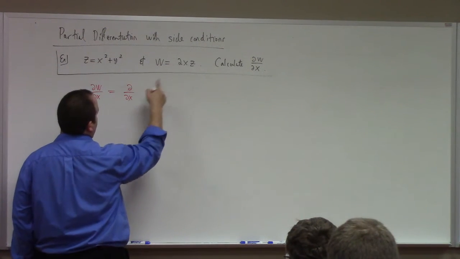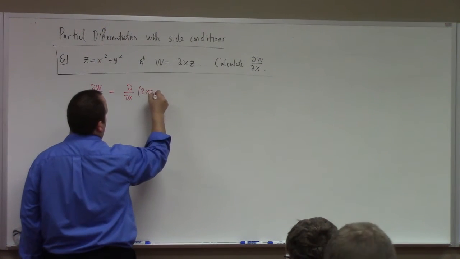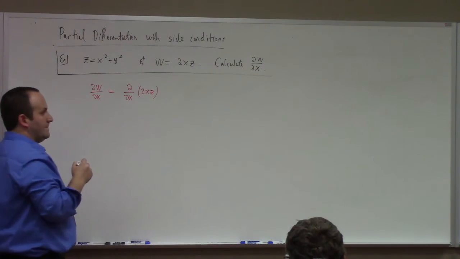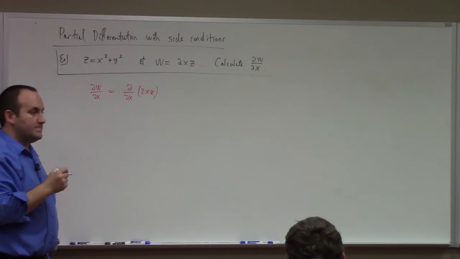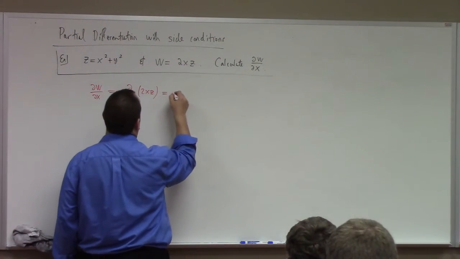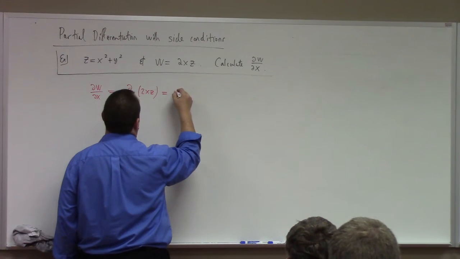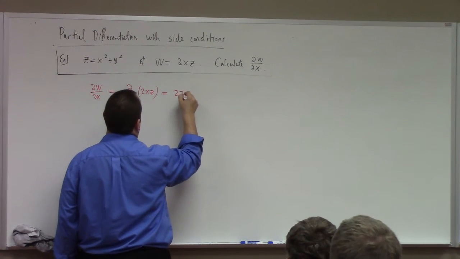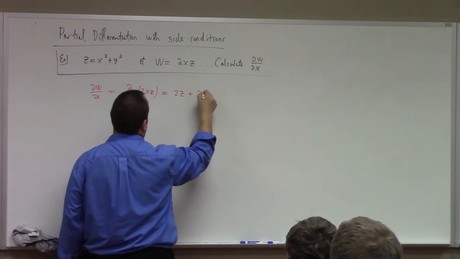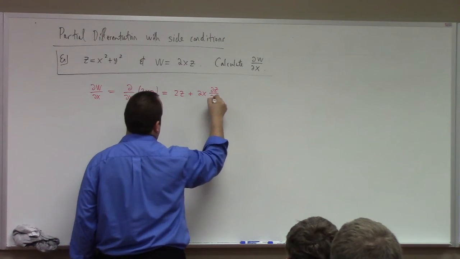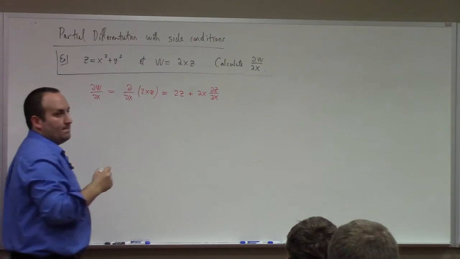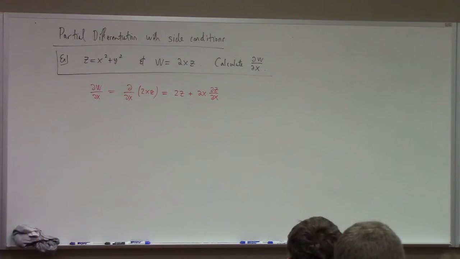So it looks like I could just do this, right? So let's see, that would be 2z, plus 2x partial z partial x in principle, right? But if z is independent from x, then what do we get?